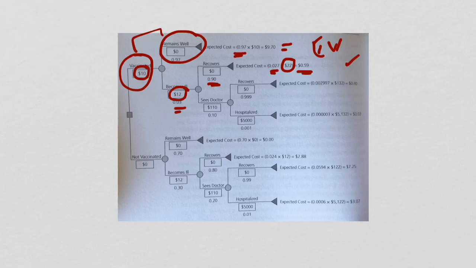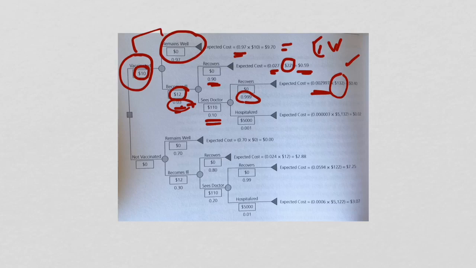So here, if you look at this part of the tree, how do we get this number? Well, this number, 0.002997, comes from multiplying 0.999 times 0.10 times 0.03. That gives you 0.002997. And then how do we get $132?